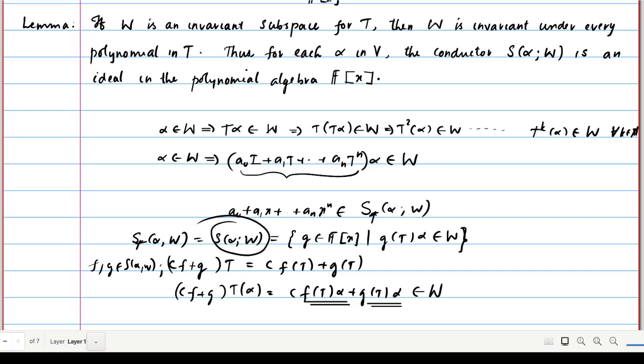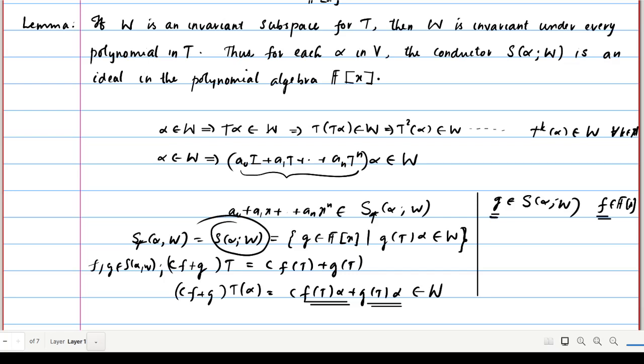Okay, and we have any arbitrary element. If we choose g to be a polynomial in S(alpha, W), and f is any polynomial in F[x], an arbitrary polynomial, in this case we haven't assumed that f is an element of S(alpha, W), so this is an arbitrary element and g is a polynomial from S(alpha, W).